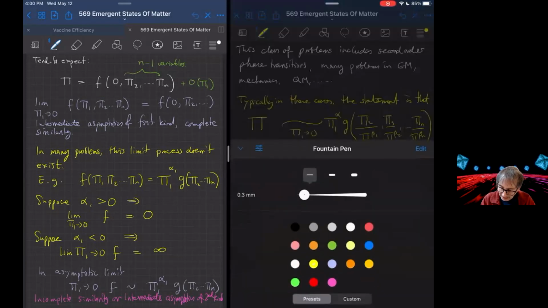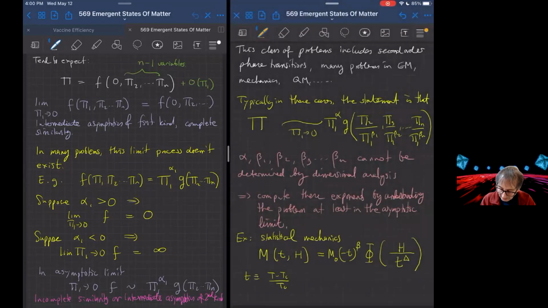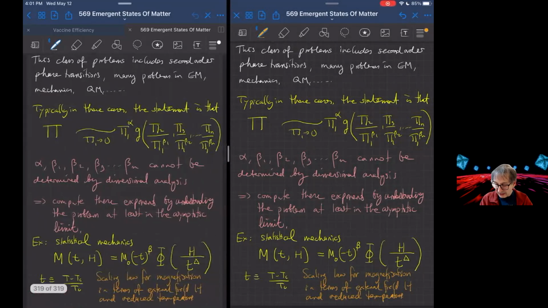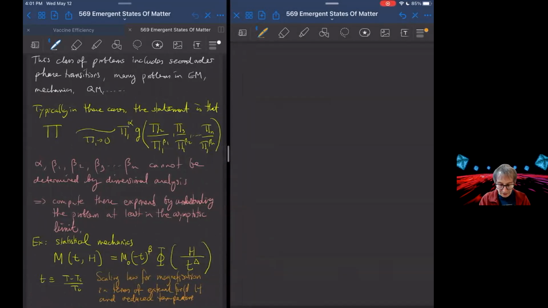This example here is then just the scaling law for the magnetization in terms of the external field H and the reduced temperature. And there's nothing that says in general in statistical mechanics that it has to have this particular functional form.